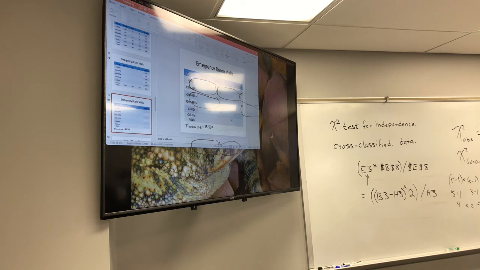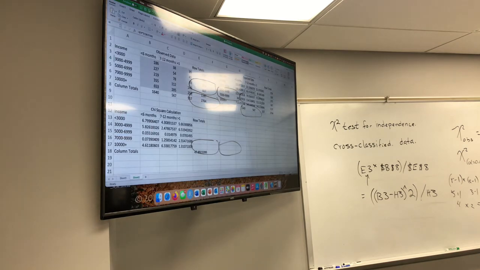Oh, it's not showing up on screen. Sorry. This cell here is lower than you expect, higher than you would expect, and then this one is higher than you would expect. This one is lower than you would expect, higher than you would expect, higher than you would expect.